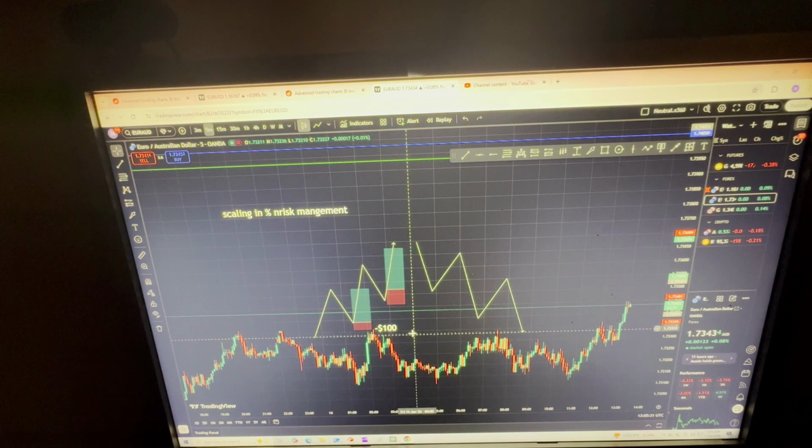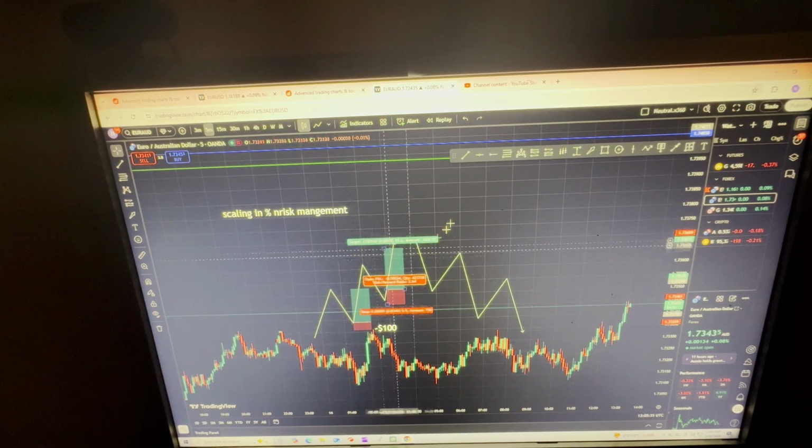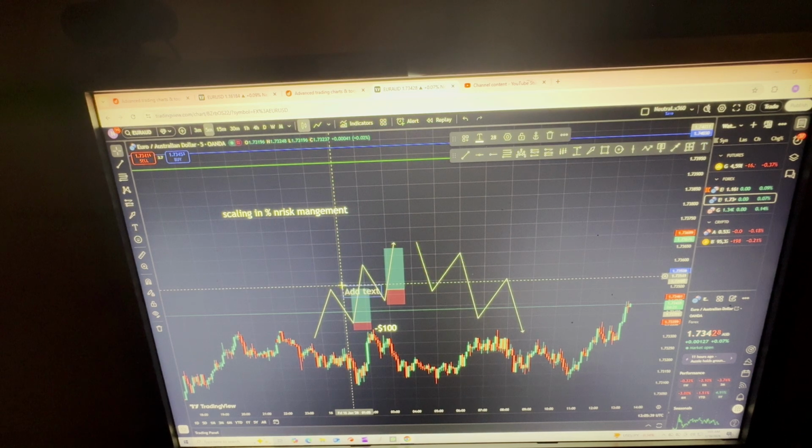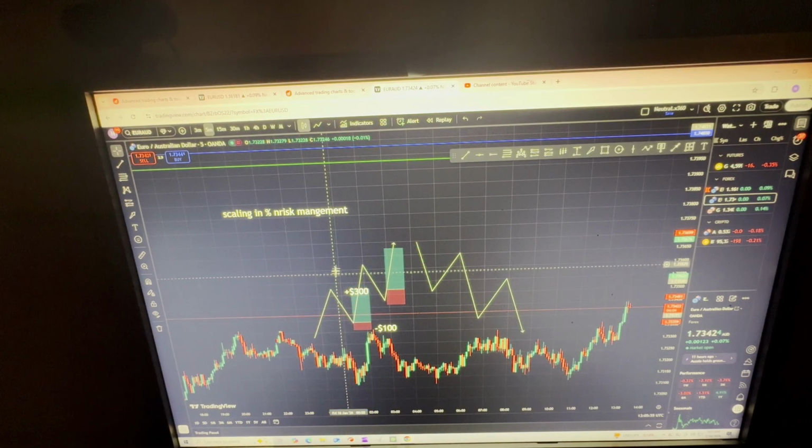Let's say we are making 1 to 3 from this, so we are making at most $300. So this is where the risk management comes in. 1 to 3 will give us plus $300.